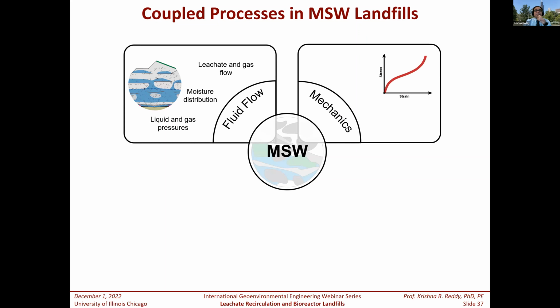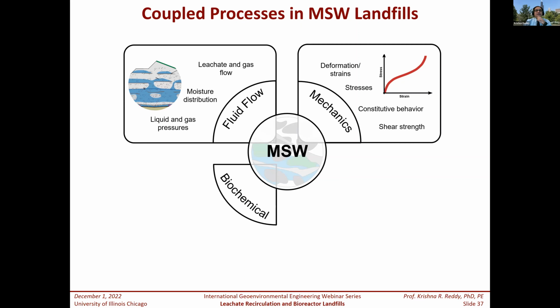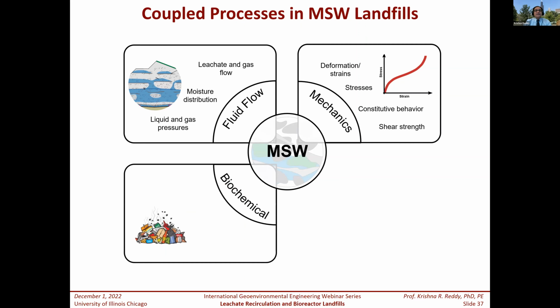But you also have this mechanics problem, right? So you have deformation, strains, and stresses, and constitutive behavior, shear strength that will be affected by this. And then as the leachate gets distributed, you will have enhanced degradation, you have gas generation, and the leachate quality changes, and the gas quality changes.